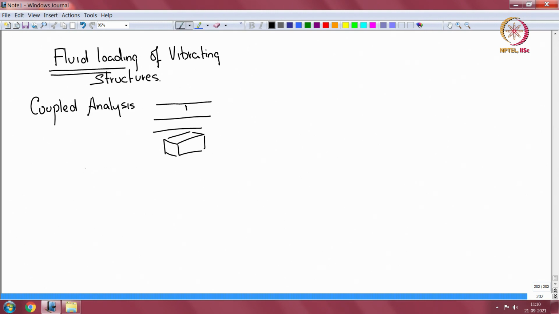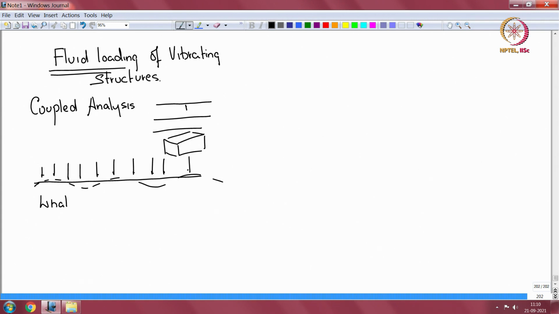When we talk of fluid loading, that means basically a structure vibrates, and then it generates pressure, and that pressure is obviously applied back on the structure. Now what is the nature of that loading?